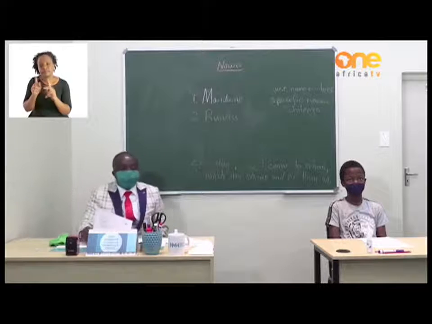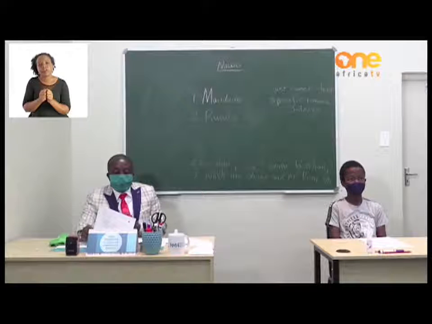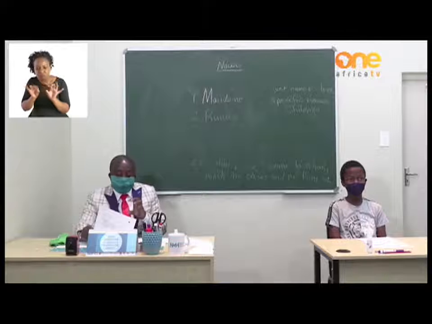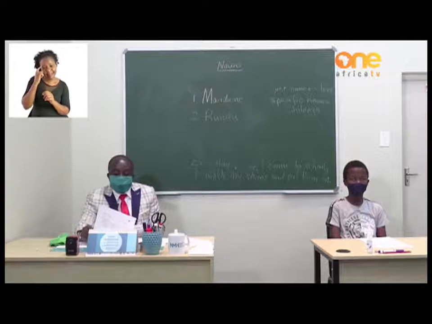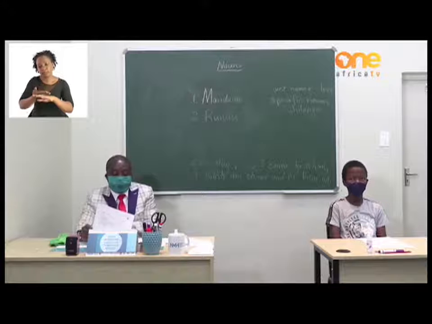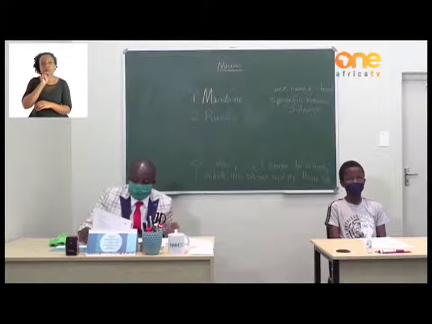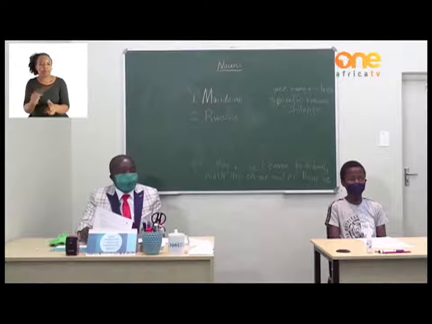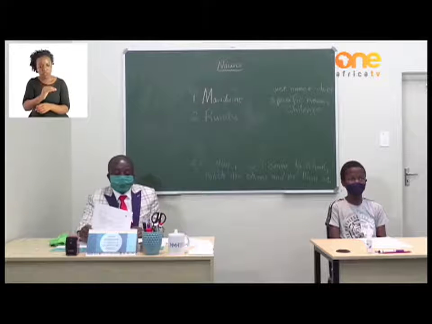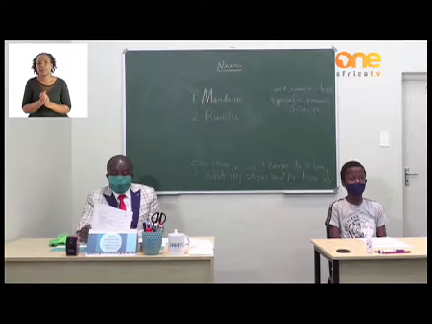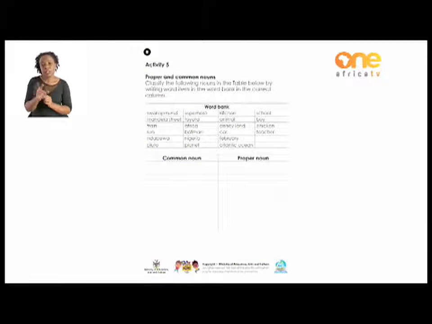Right, so I am saying all those words which are specific names, like Swakopmund, we write them under proper nouns, and then the other words, the other names, we write them under common nouns. All right, so we said Swakopmund will go to proper noun, and perhaps train will go to common noun.